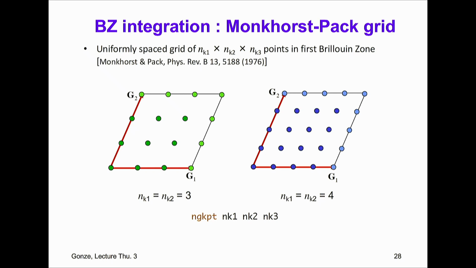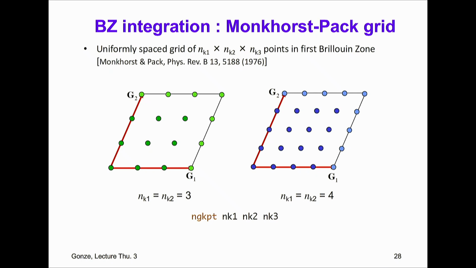It will be associated with the ngkpt input variable. You give 3 numbers, and it will be the sampling along the first reduced primitive vector, and the second one, and the third reduced primitive vector. So in this 2-dimensional case, you get this grid for 3 here and 3 there. And if you put 4, you get a 4 by 4 grid.